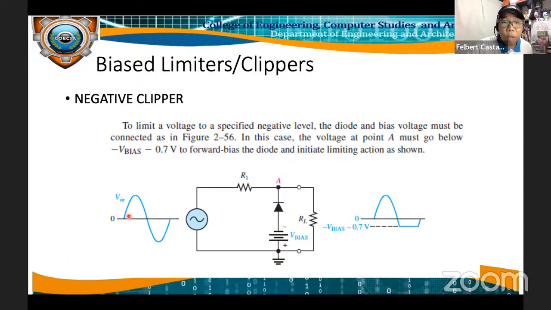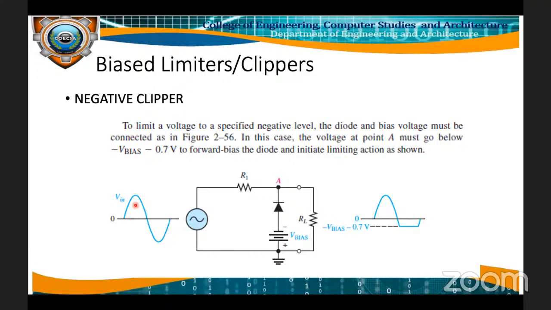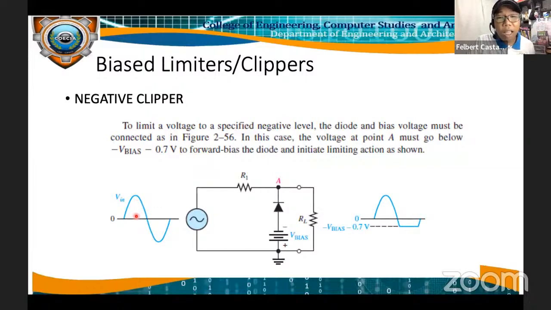As you can see, during the positive half cycle, si diode is in reverse bias. So walang current dito, so open yan. Ang nababasa mo yung voltage is the voltage across RL. Or if R1 is too small, the voltage here you will be reading is equivalent to the positive peak value.